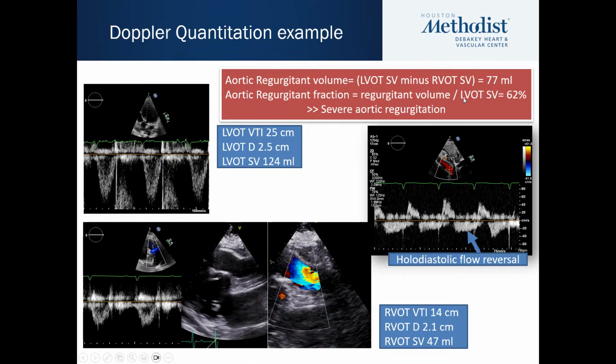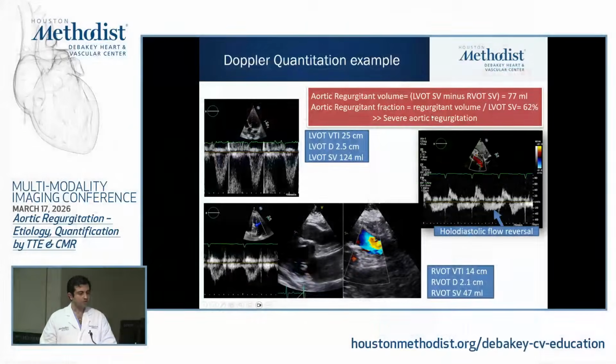What if you have TR? Would this still work, or would it be confounded? It still works because TR doesn't modify this equation. But if you have pulmonic regurgitation, you can't really use this. That's uncommon for us, so I tend to use this more for quantification.